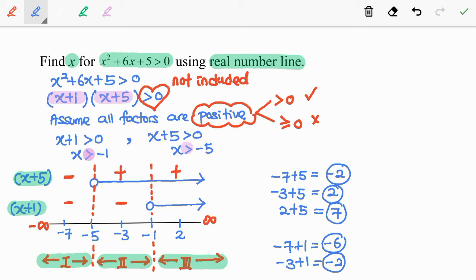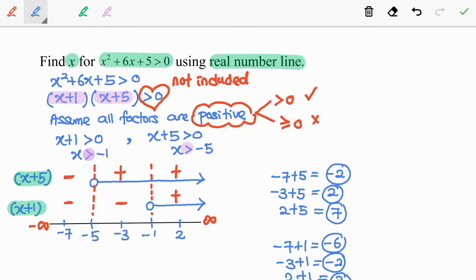And for the last intervals, the third intervals, we take x equal to 2. So we put in into the factors. So we have 2 plus 1 is equal to 3. And this gives us positive value. This means we put positive sign over here.